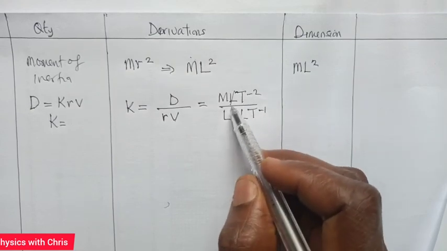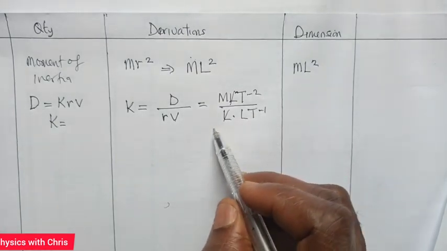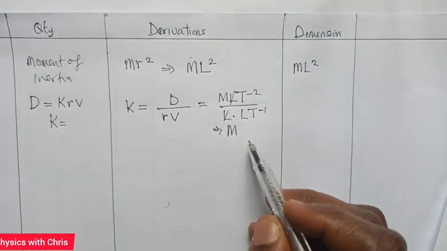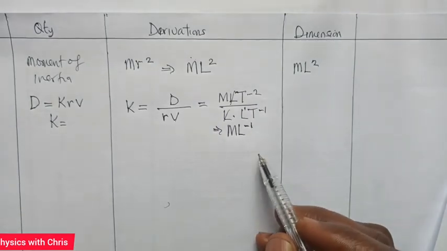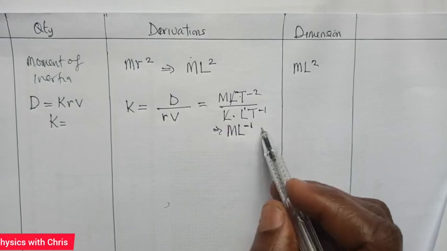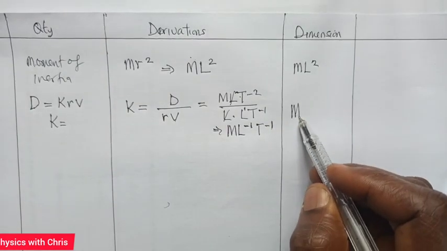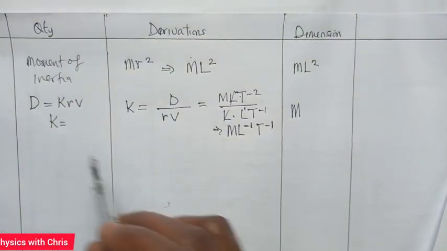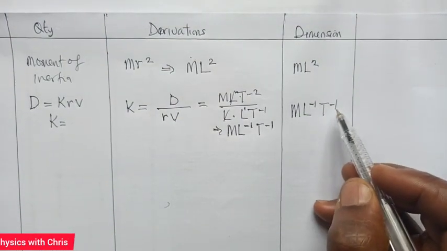So we cancel out this, and then you have here M. Now when this L raised to power 1 moves up, it becomes L minus 1, and when you apply the law of indices to evaluate T minus 2 divided by T minus 1, that gives you T minus 1. So that gives the dimension of the constant K as M L minus 1 T minus 1.